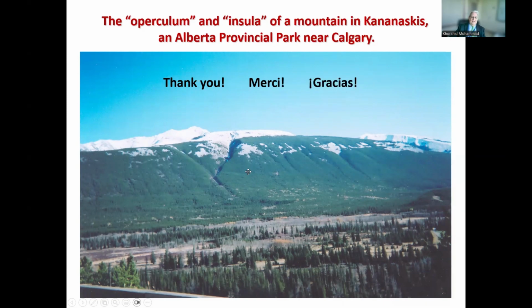I don't have any microscopic views to show you of this, but I think that grossly you can agree that these are an operculum and an insula, and so nature has a way of repeating itself in multiple ways. You see this is a premature mountain? Well, yes, this may be a fetal mountain. Thank you very much for your attention.